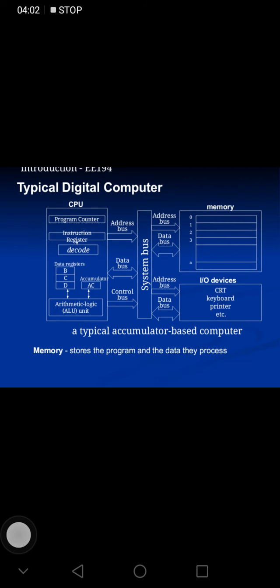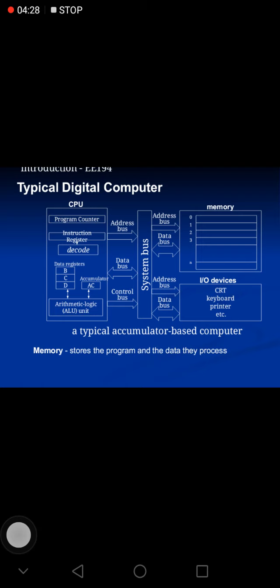We have here a typical digital computer. When we are talking about programming, we have here the CPU, the memory, and the system bus and I/O devices. When you say I/O devices, that is the input and output devices.